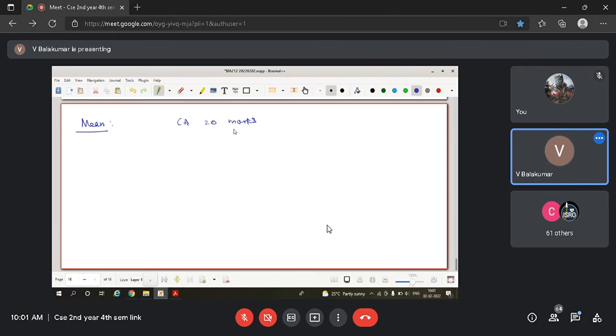Suppose the 5 students obtain marks as, say, 11 marks, 17 marks, 9, 15. What else should I write? I don't want to write a low mark, so let it be 8. Doesn't matter, these are the marks.